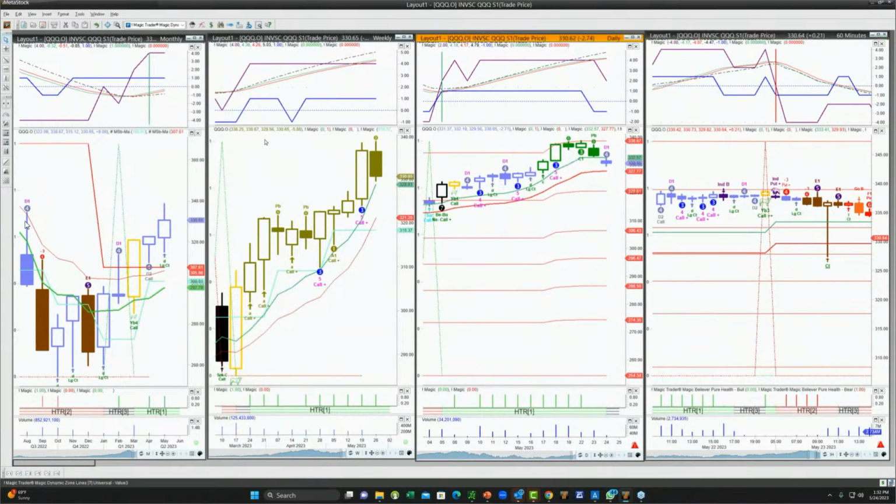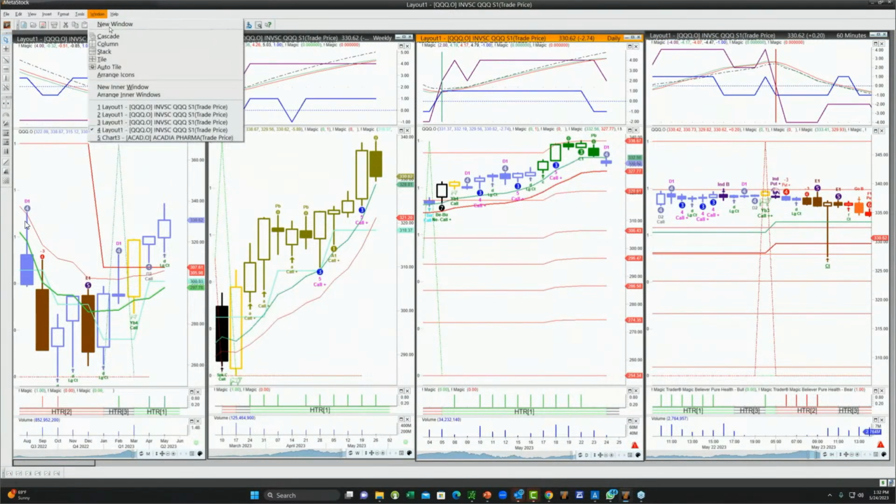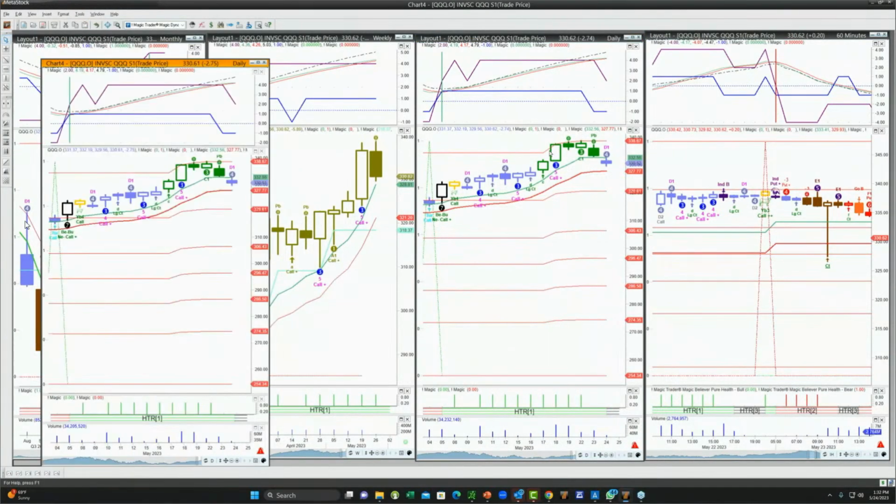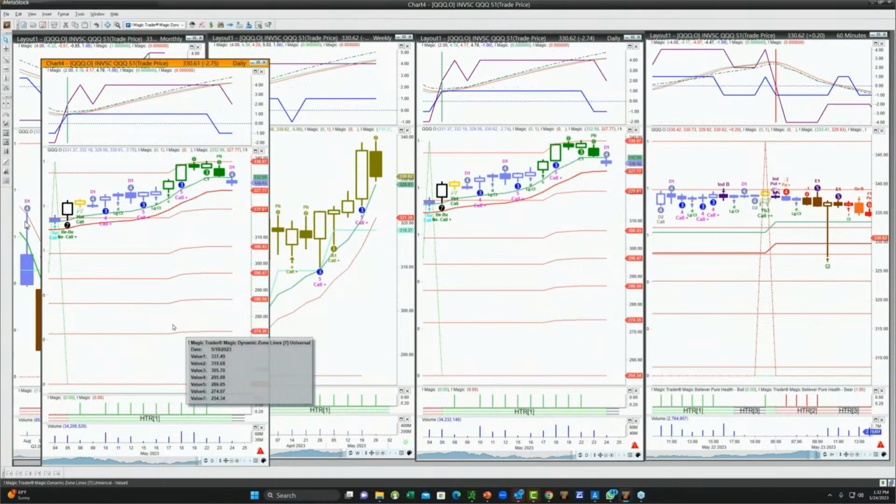You make a copy and see what it's doing, and then what your SPY is doing. If they're not making new highs, that means they are slower. So DIA, let's say DIA.